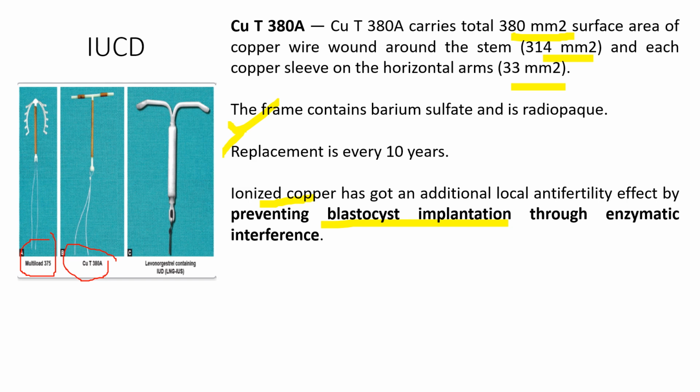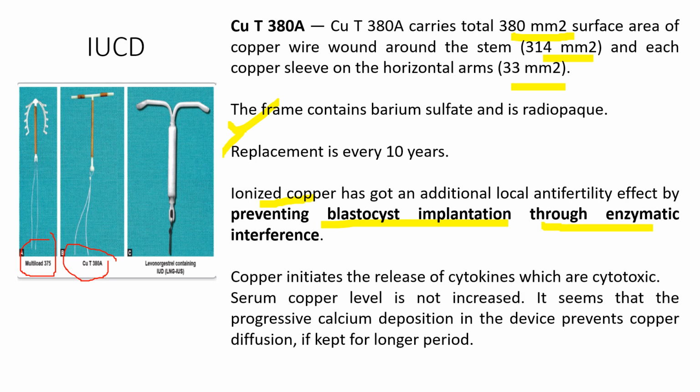So even if fertilization has happened, they will prevent the blastocyst from implanting through enzymatic interference. Copper initiates the release of cytokines which are cytotoxic. Serum copper level is not increased. It seems that progressive calcium deposition on the device prevents copper diffusion. So that's why we require replacement. If it is kept for a longer duration, there will be calcium deposition and copper release will be prevented, so it should be replaced.